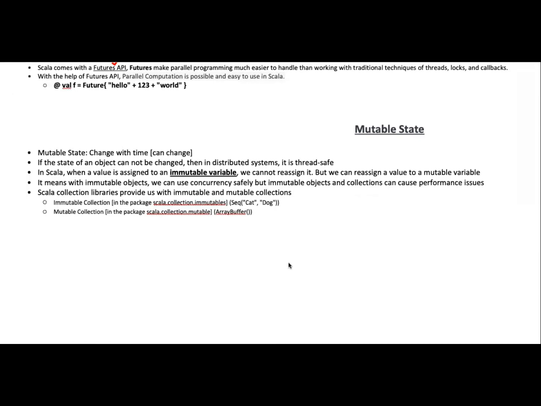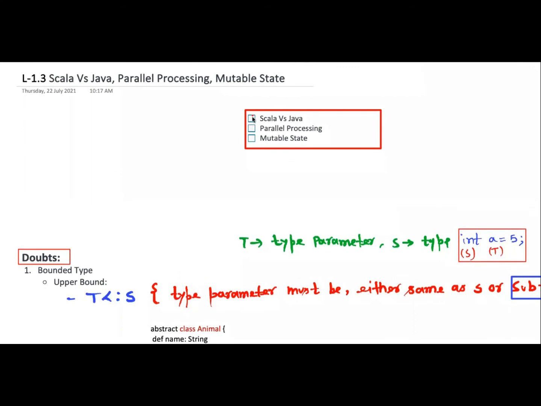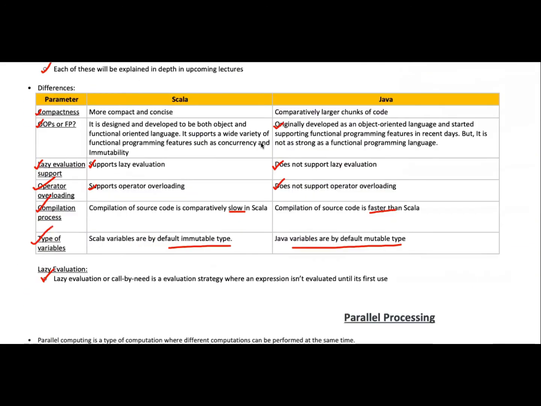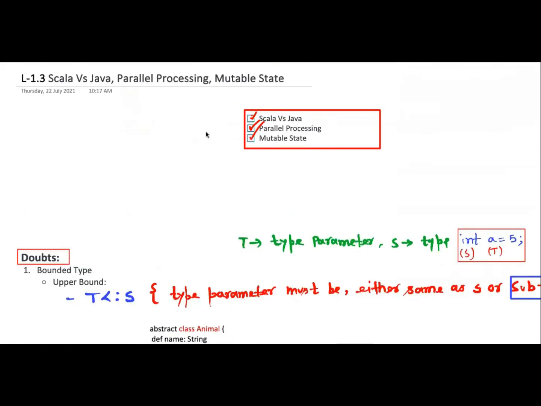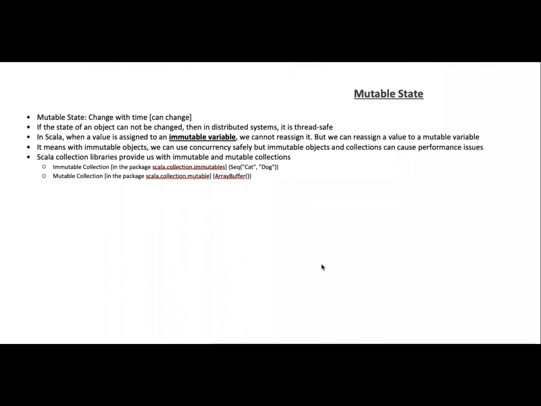What is mutable state? This is the last topic of this lecture. We have done Scala versus Java, parallel processing, and the third one is mutable state. As I was telling you, we will also discuss immutable types and mutable types. Mutable means something which can be changed if you want to; it means it can change with time.